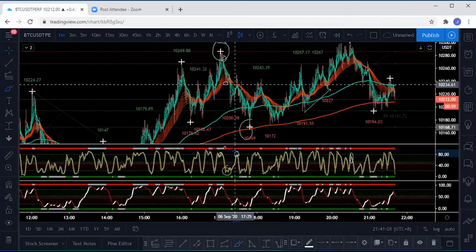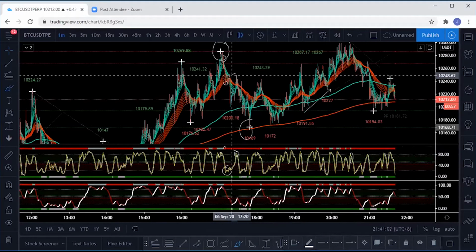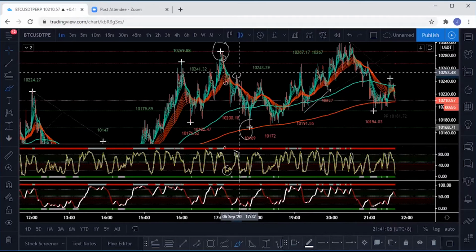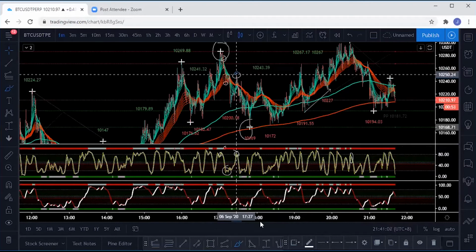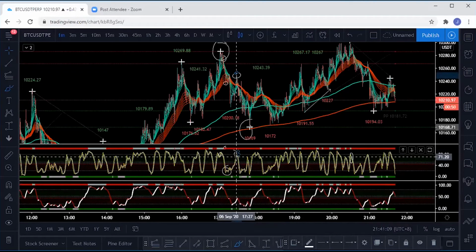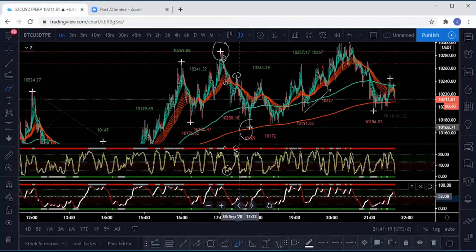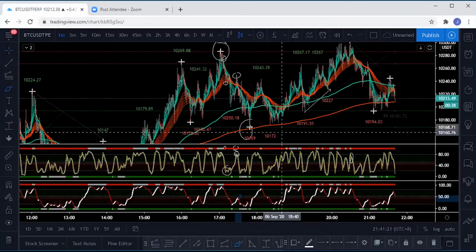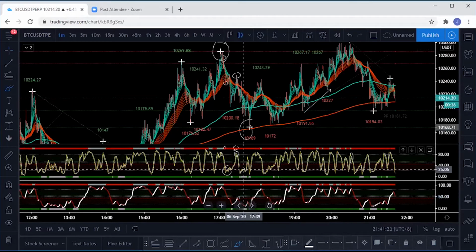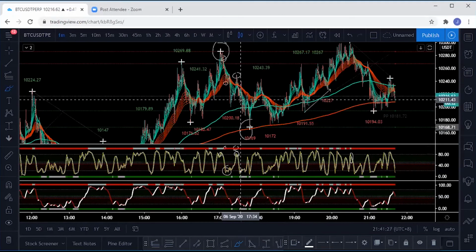So basically it's here. So this is your entry point. So first criteria, our crossover. Second is our solid red line. Next is the color of our shadow. So it's color red already. So you enter. So where are you going to exit? In our counter cross again. This one. So where is it? Here. So in this area.